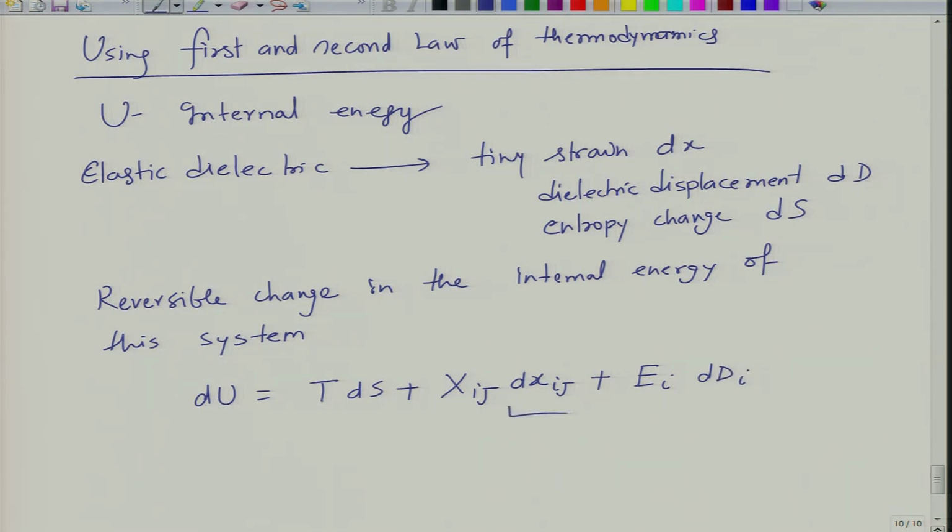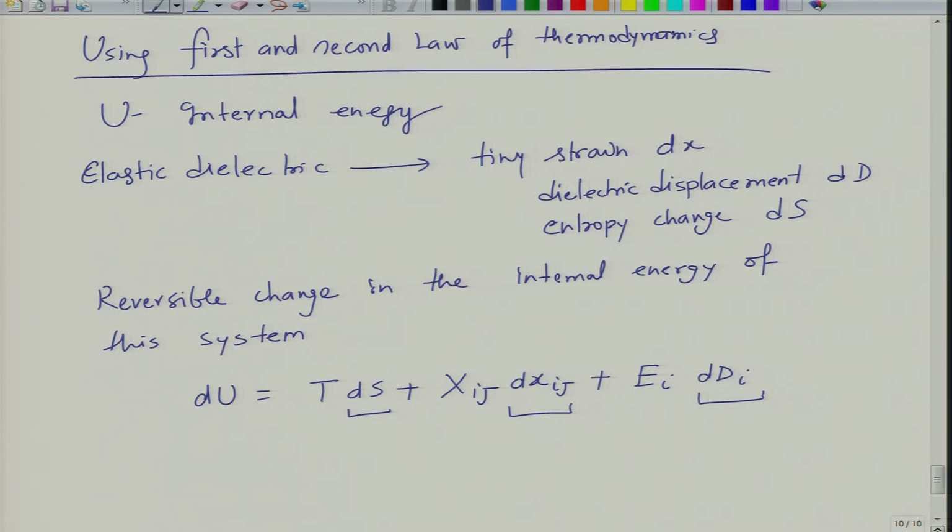So, this is the strain, this is the change in the dielectric displacement, and this is a change in the entropy, where T is the temperature, X_ij is stress, and E_i is the electric field.